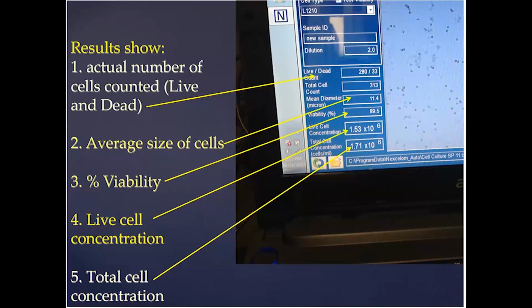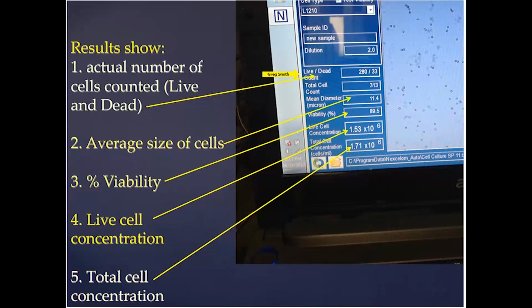Now, once the machine is doing the counting for you, you get a lot of information at the end of the cell count. First of all, it will give you the actual number of cells that were counted. In this instance, you had 280 cells that were counted that were alive, 33 cells that had taken up the trypan blue stain and therefore are dead cells. The next piece of information that is generated is the average size of the cell.